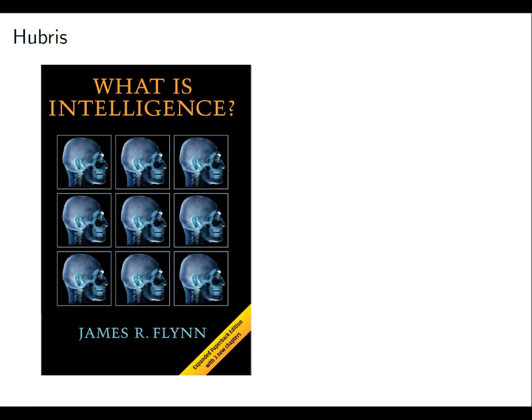And I'm going to take a wee bit of a digression at this point to talk about this lovely book by James R. Flynn, which I strongly recommend. So Flynn is the person who gave his name to the Flynn effect, which, as you may know, is the effect whereby over many decades, possibly ending in the last decade in developed countries, IQ scores have been steadily rising at a rate of a few points a decade, such that in order to maintain the average at somewhere near 100, the tests have to be constantly rescaled.